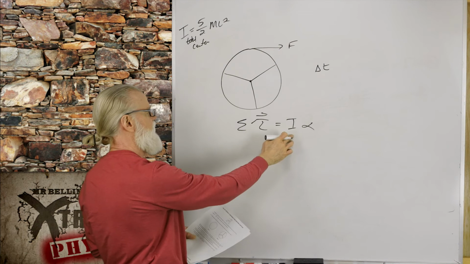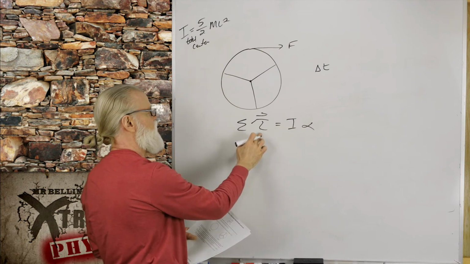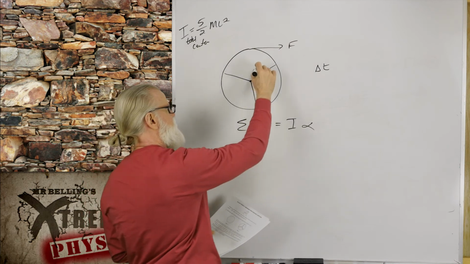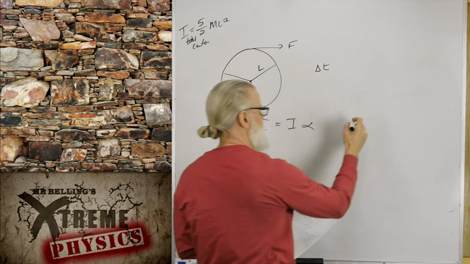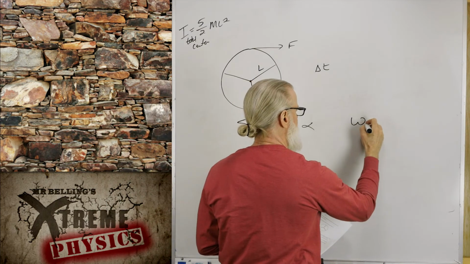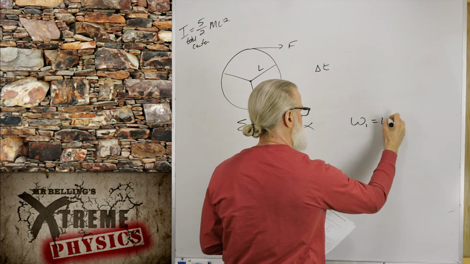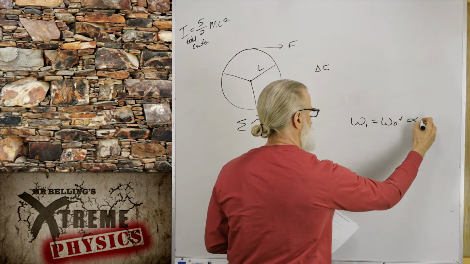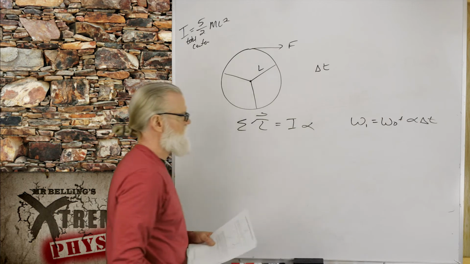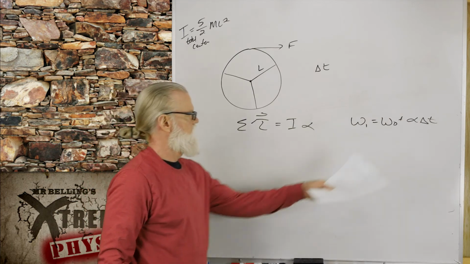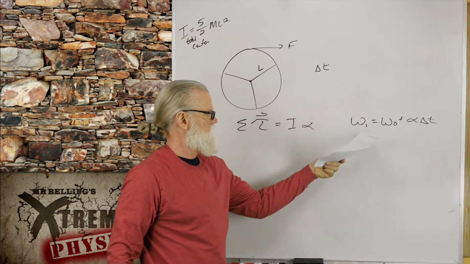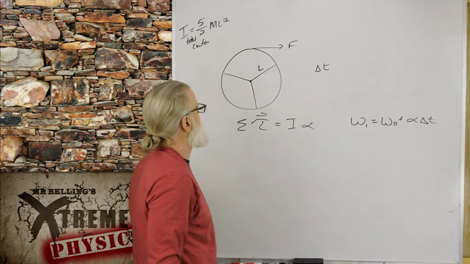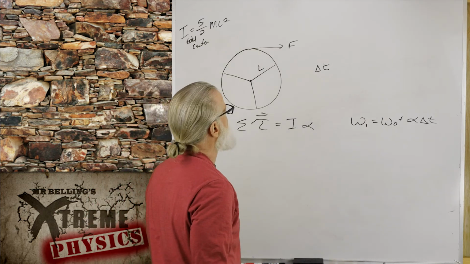We know I. We can figure out the torque, that's easy enough because these are all L. And then we can use omega 1 equals omega 0 plus alpha delta t. They gave us that, we can calculate that. This is 0. That's pretty easy, actually.